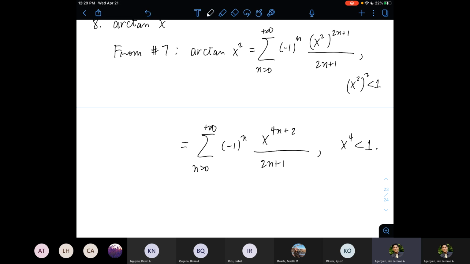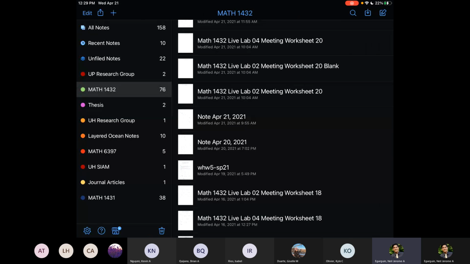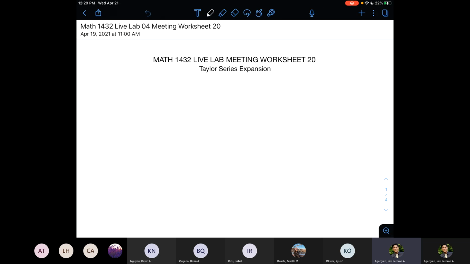So that's why we needed a more general way to find a series expansion for those more complicated functions. And that's what the Taylor and the Maclaurin series expansions are for. So if you don't have any questions, we'll leave worksheet 19 and go to worksheet 20, which talks about the Taylor series expansion for certain functions.